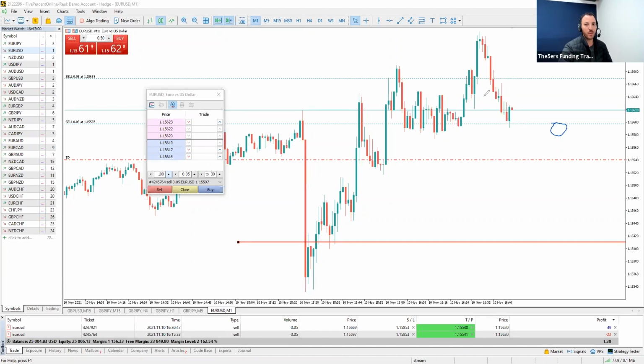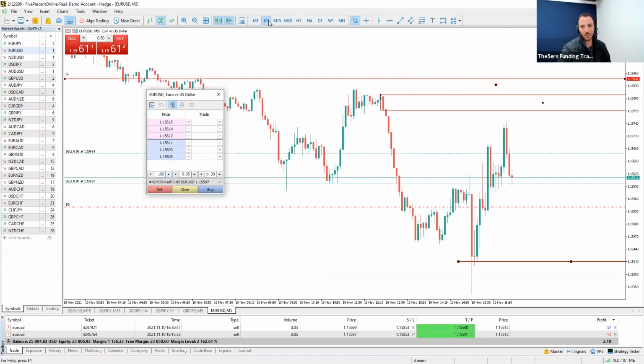But when you divide your entries, you can play with your entries.